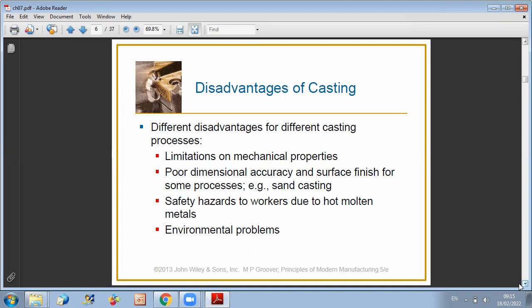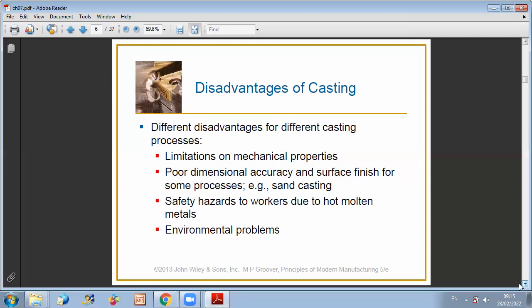We have a problem for casting, and especially sand casting: the dimensional accuracy and surface finish are poor. So if you have an application requiring accurate dimensions, the use of casting might be questionable. And even if you want to use it, after having your product, it should undergo several other processes to reach the desired state.